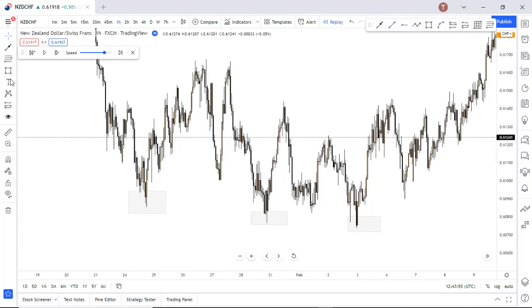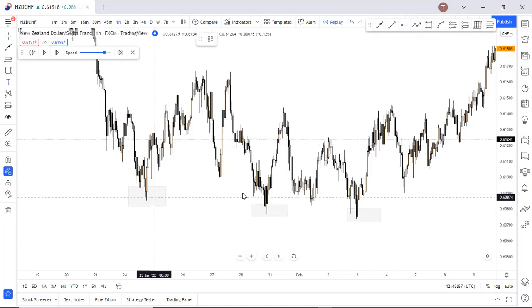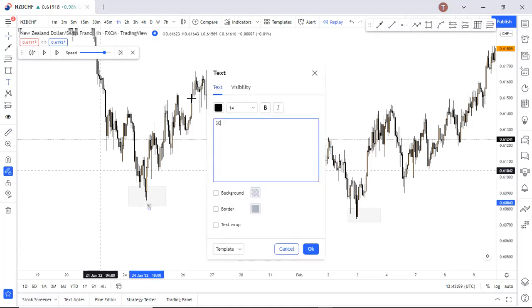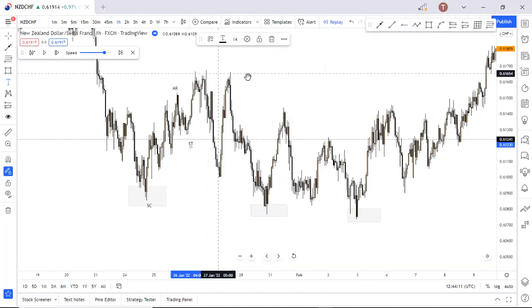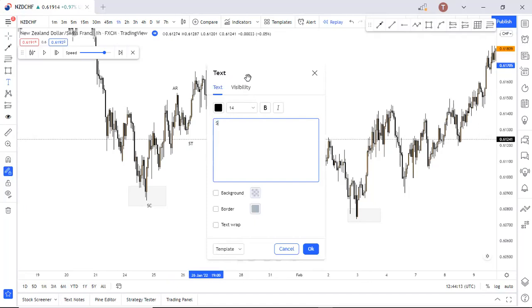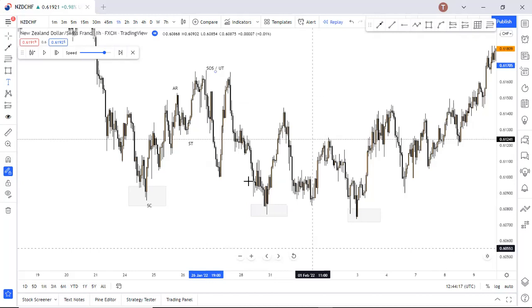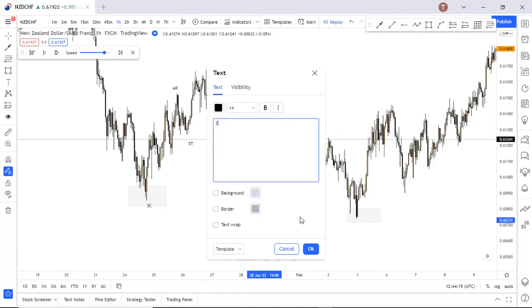So now let's label it. For this phase, we have the selling climax, the AR, the secondary test, the sign of strength, or what I like to call UT, and we have the ST2, and this is our spring.